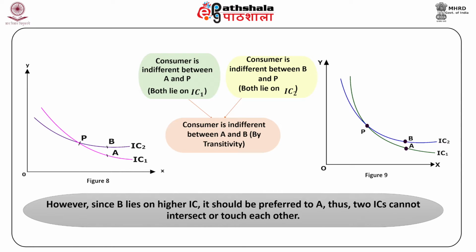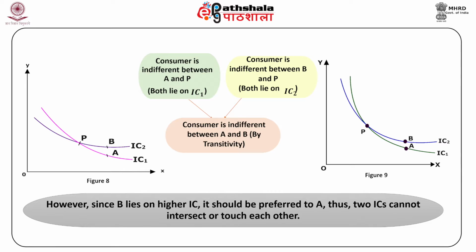This property can be proved through the method of contradiction. Suppose two indifference curves intersect or touch each other at point P. See figures 8 and 9. Now consider point A on indifference curve IC1 and point B on IC2, which is vertically above point A.